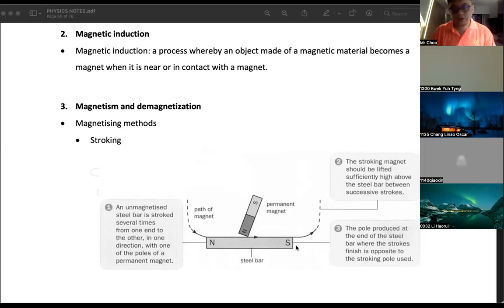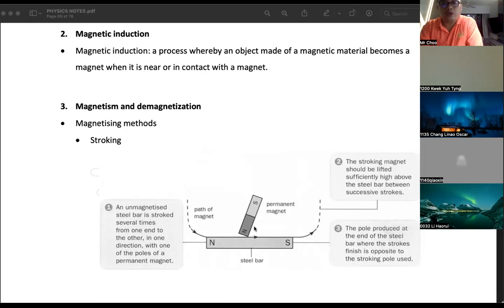You know what I mean? For example, this north pole will move from left to right. The right side, where it leaves, will become the south pole. Clear?